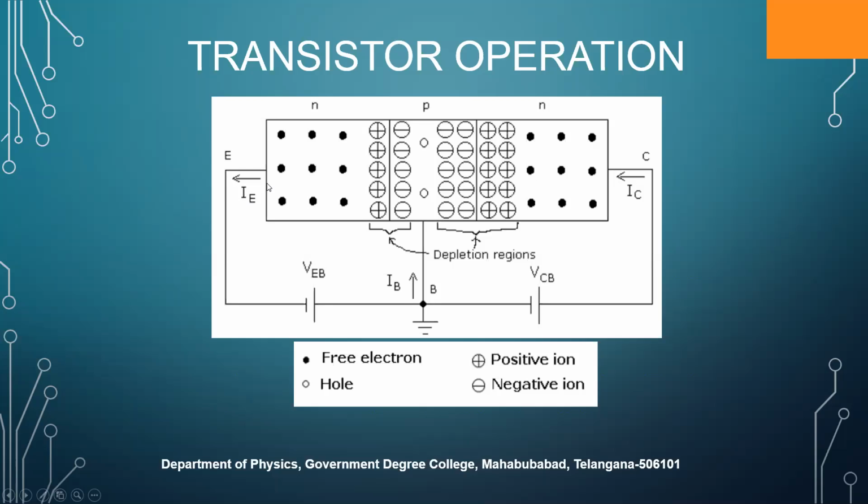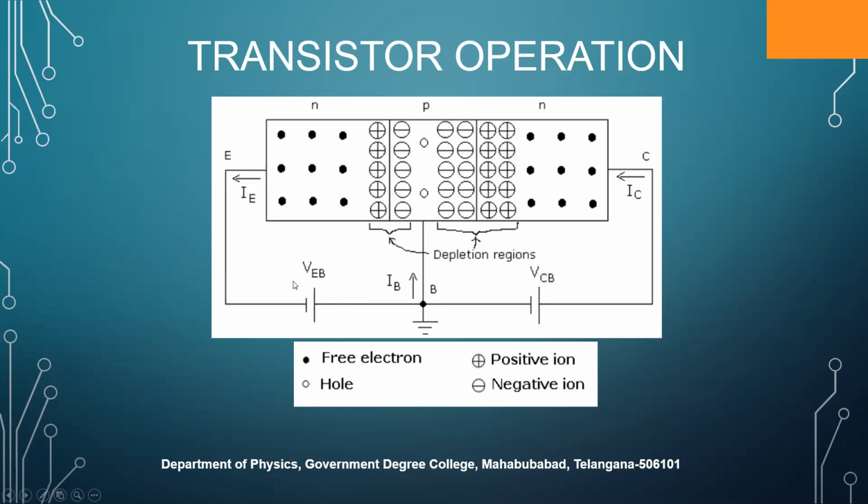Now we are applying biasing conditions. The emitter-base junction is forward biased, as you can see from the battery VEB. VE means the voltage applied to the emitter, and subscript B means common base. That means the voltage applied to the emitter in common base.